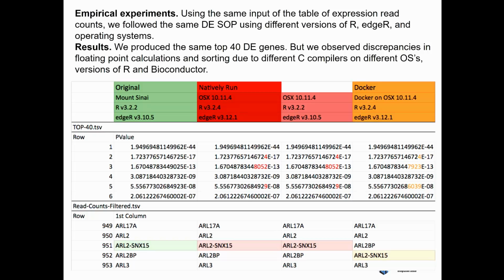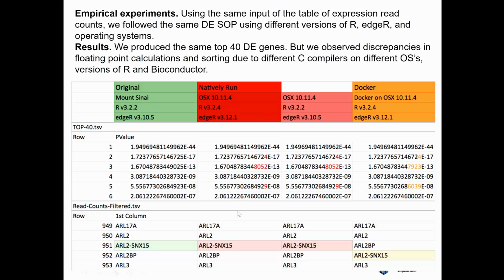They both adhere to the standards, but they're both slightly different. So that explains why we see some slight differences from the original data, which was, as far as I know, run on a Mac, and our results, which were also run on Macs, but a slightly different operating system, a newer one.